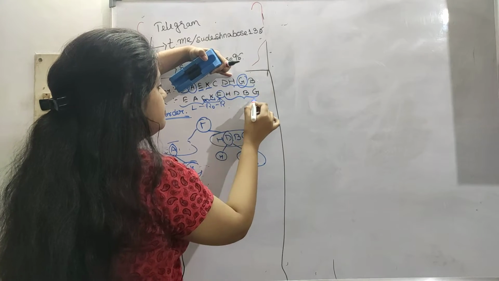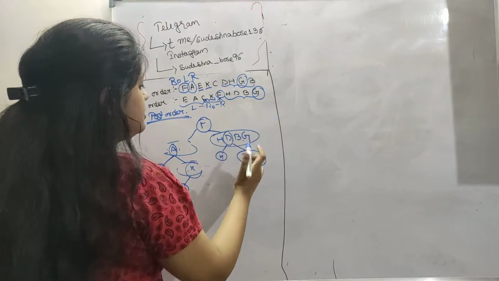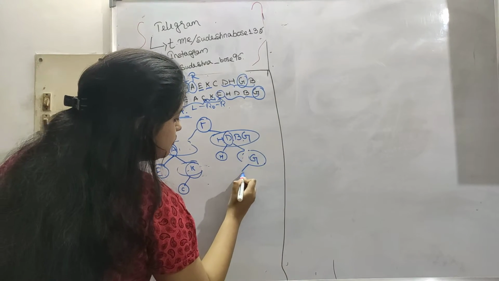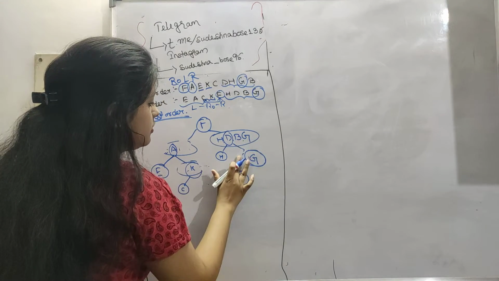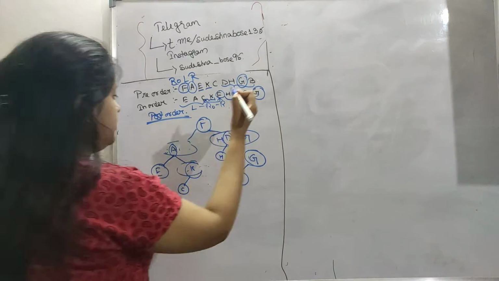Then G, point it out. G is here, so G is at the right position, and then B. So B will be here. Okay, so this is our tree. I will make it clear.